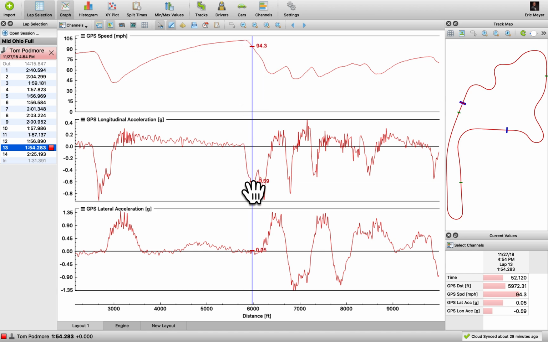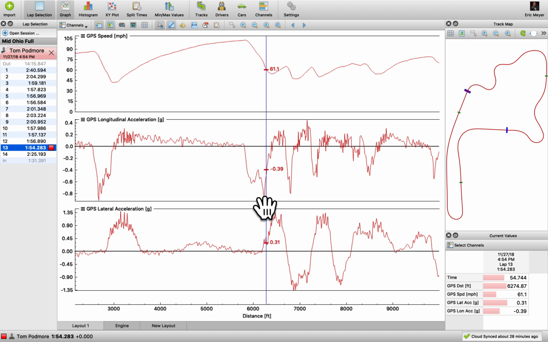And in this case, what we can see is there's a somewhat timid, a little more timid application of the brakes right here, as noted in this braking rate of negative 0.6 Gs.